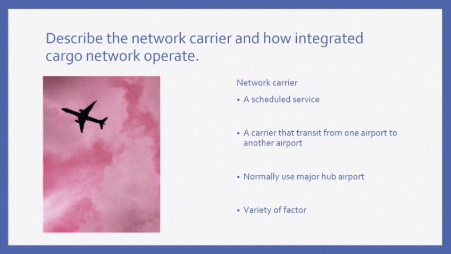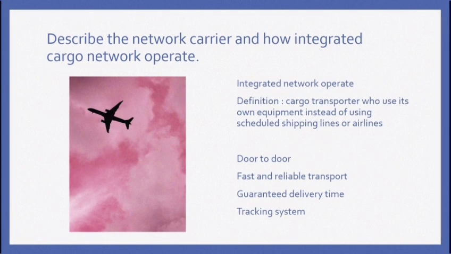Then the next one is how an integrated cargo network operates. First, we need to know what an integrated cargo network is. An integrated cargo network is a cargo transporter that uses its own equipment instead of scheduled shipping lines or airlines. They only rely on themselves and not on third parties or other freight forwarders.